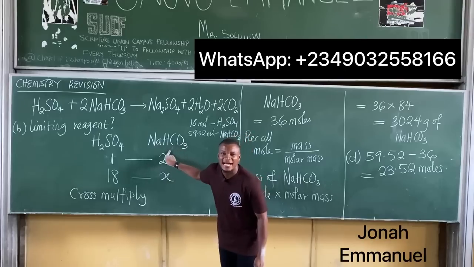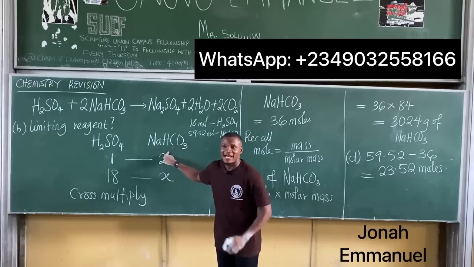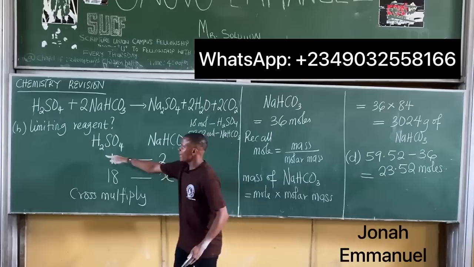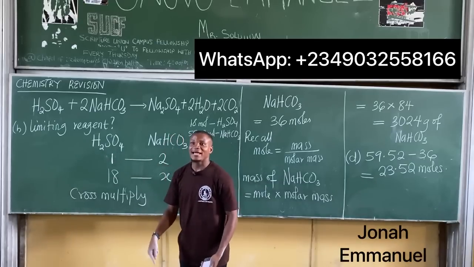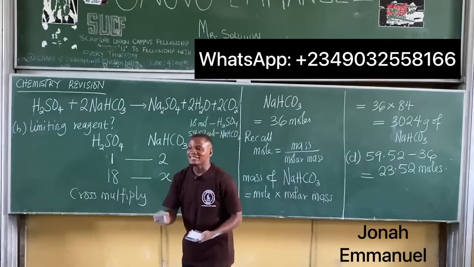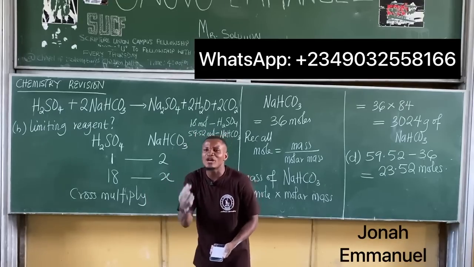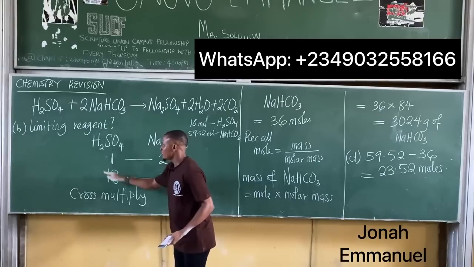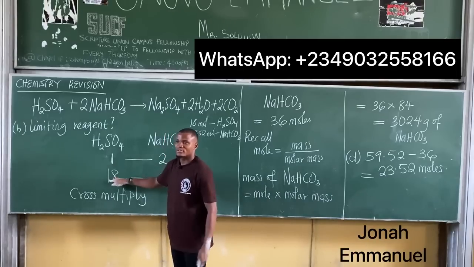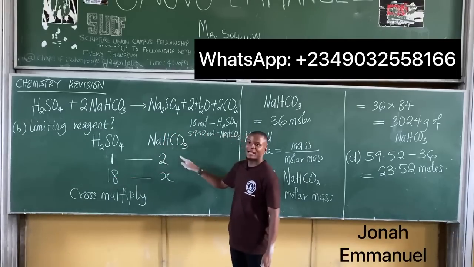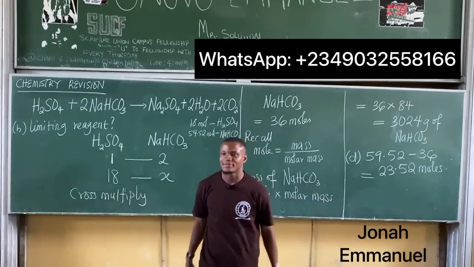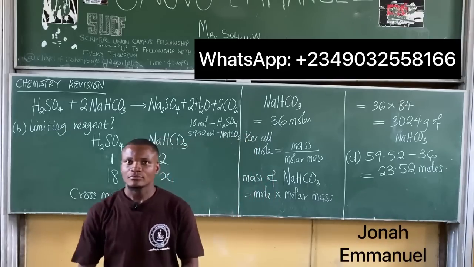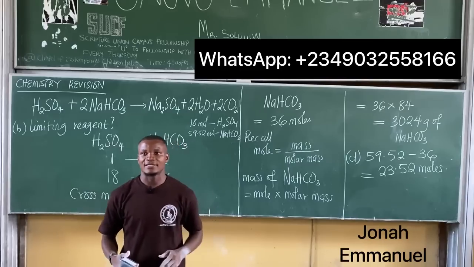I'll require less. Why less? Because if the acid is on the floor and I have the carbonates there, that carbonate will neutralize some of the acid, and hence the number of moles of the acid will reduce. Hence I'll now require less of this. Take that, please. Answer: less amount.